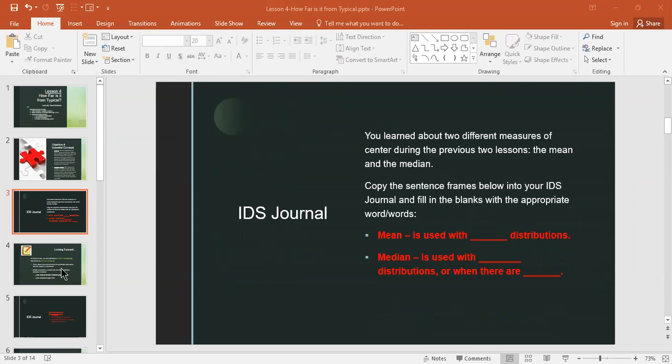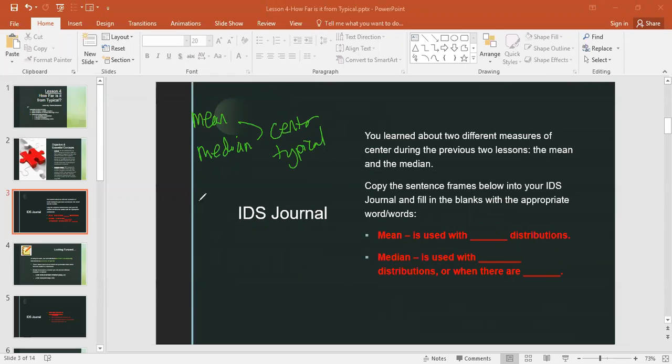But we also want to understand how to notice and see variability in our visual representations of our data, but not just the visual representations, right? We also want to be able to understand, just like when you're told the mean or the median, you're being told what the center or the typical value is in your data.